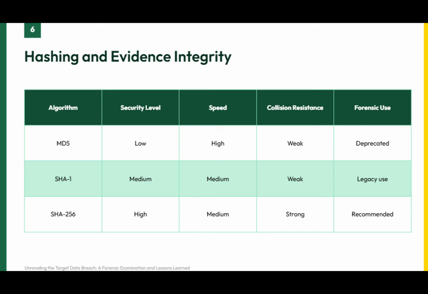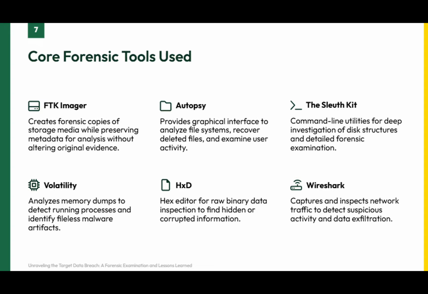The second is SHA-1, whose security level is medium, the speed is medium, and the collision resistance is still weak, and it is a legacy use. And SHA-256: the security level is high, the speed is medium, but collision resistance is strong, and it is one of the best to use and is highly recommended.